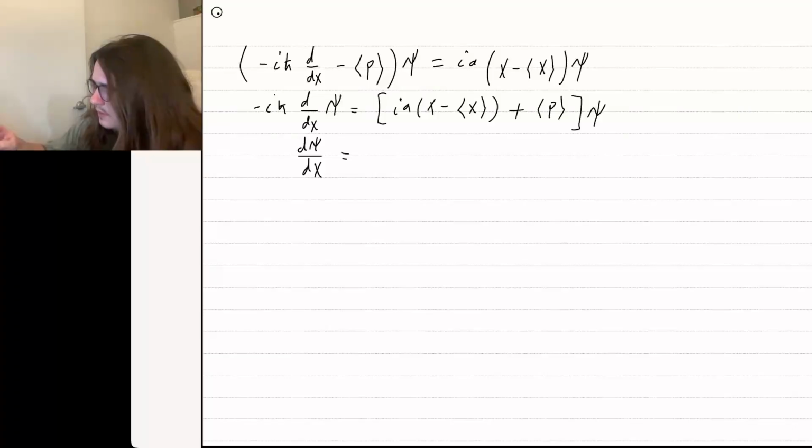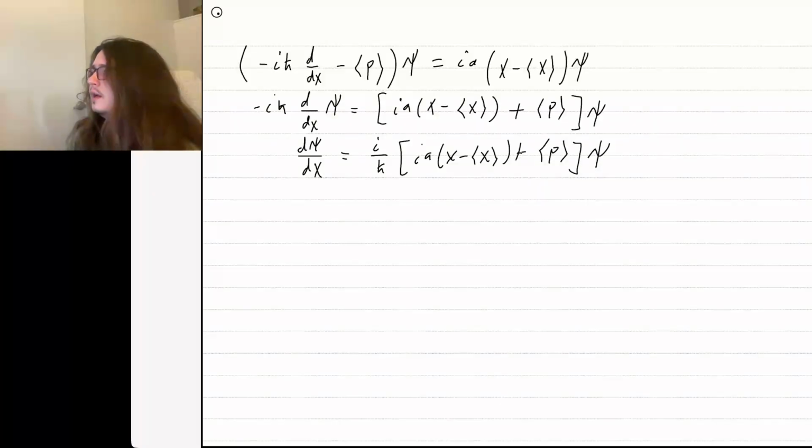That will coalesce into plus i over h bar times this stuff inside the brackets here, if you like.